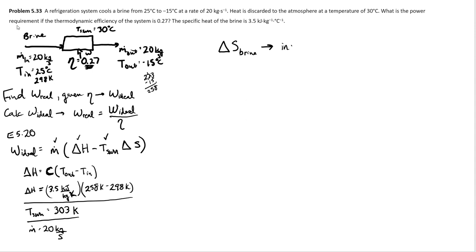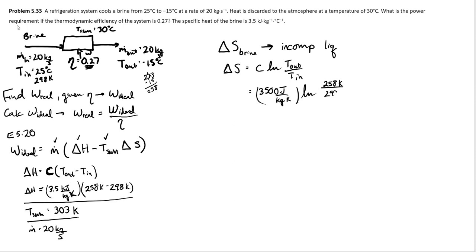But remember, we can treat this as an incompressible liquid. Delta S of an incompressible liquid is equal to the heat capacity times natural log of T2 over T1, so that would be T out over T in. And so this will be 3,500 joules per kilogram degree Kelvin times natural log of 258 Kelvin over 298 Kelvin.